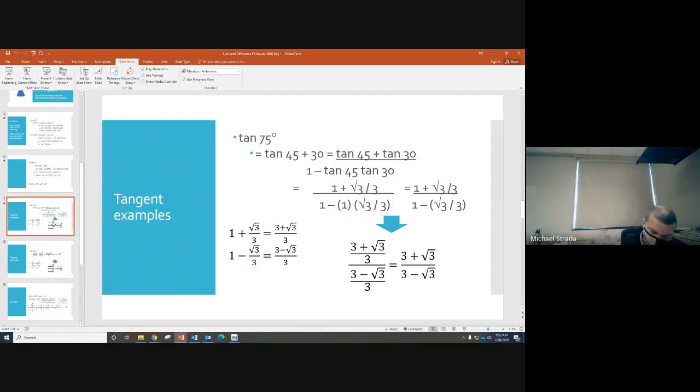You just cross them out. That leaves me with 3 plus root 3 over 3 minus root 3. Now I got to rationalize the denominator. To rationalize the denominator, I multiply by the conjugate. The conjugate is going to be 3 plus root 3 over 3 plus root 3.